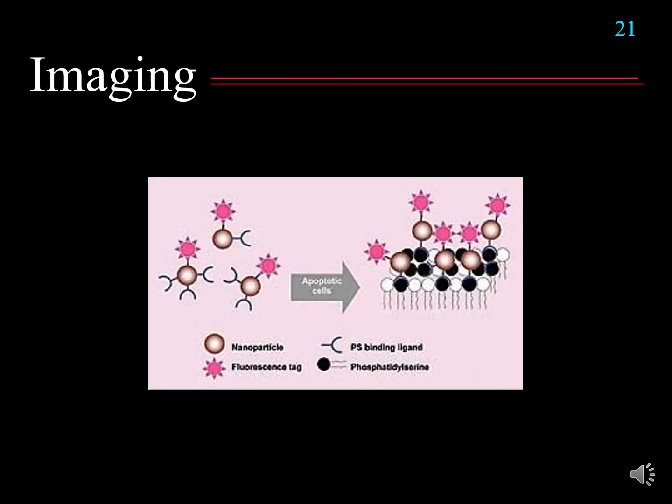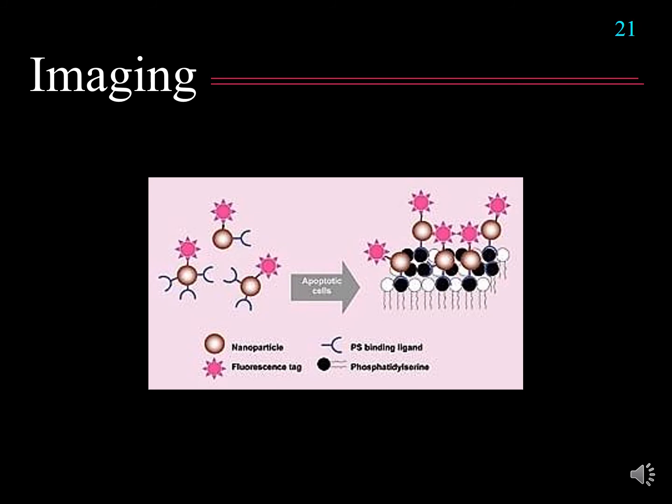Another very interesting detection method is direct imaging. For example, our gold or metal nanoparticle can be surface modified with a fluorescent tag and also with a binding ligand, which specifically binds with a phospholipid of some kind of organism, virus or bacteria.